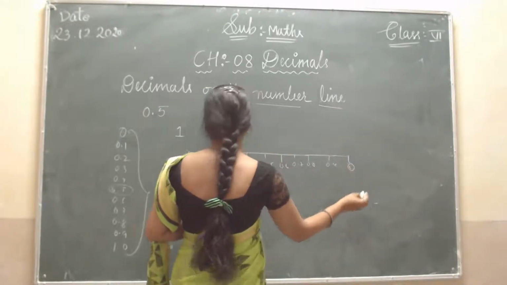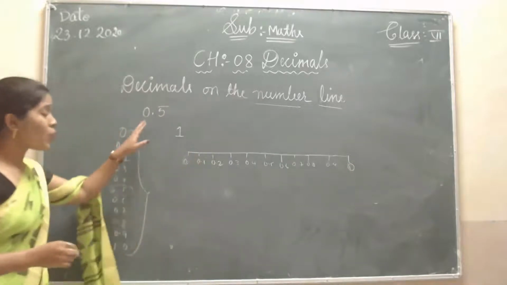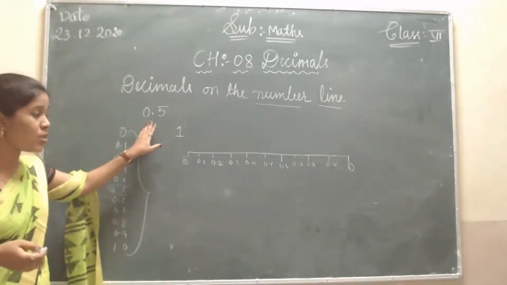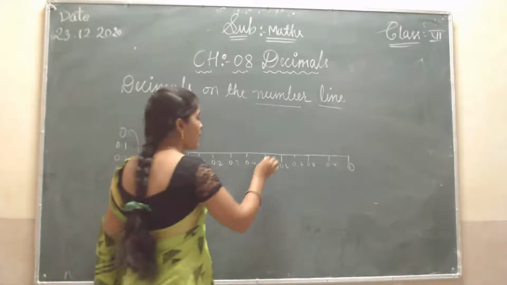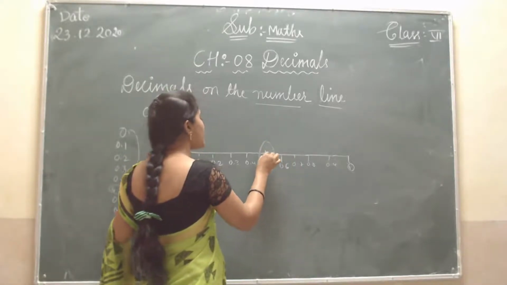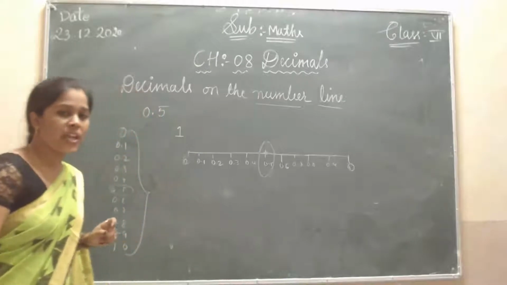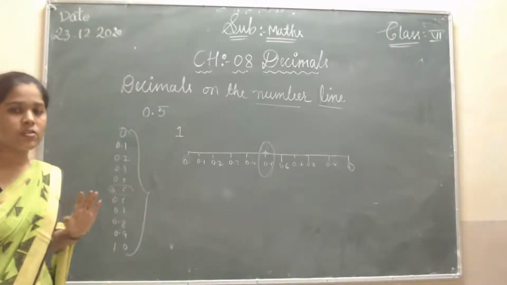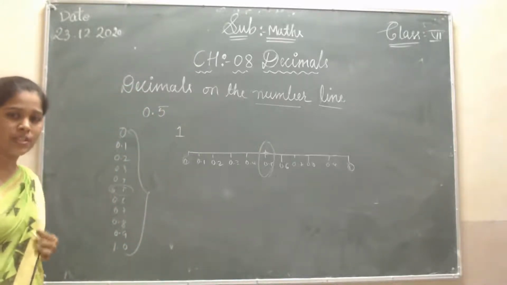Where is 0.5? In the middle, 0.5 is located. So we represent 0.5 on the number line.